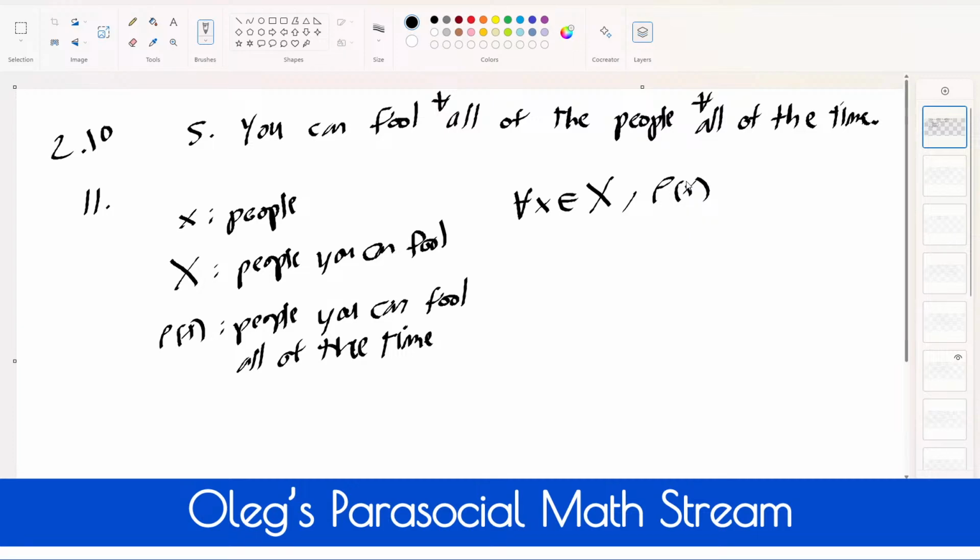actually another one, fact 2.2 and 2.9. If X is a set of, say, all the people, and Q of X is a statement, and for our case, it will again be people you can fool about X all the time, the following statements mean the same thing. All of X, members of X, Q of X. Or X members of the set implies Q of X. P implies Q. That might be, okay, all right, so let's try this.